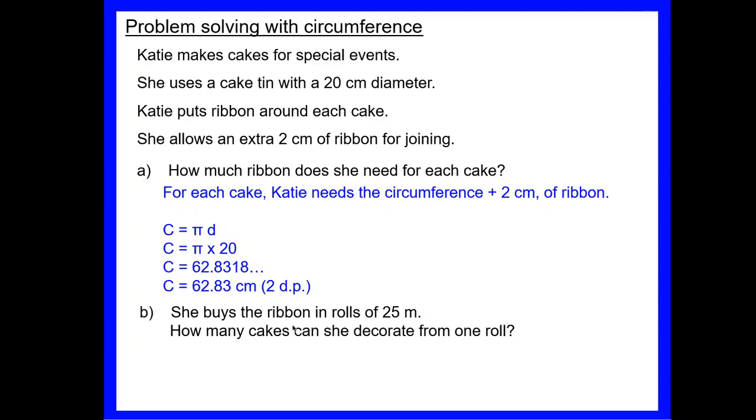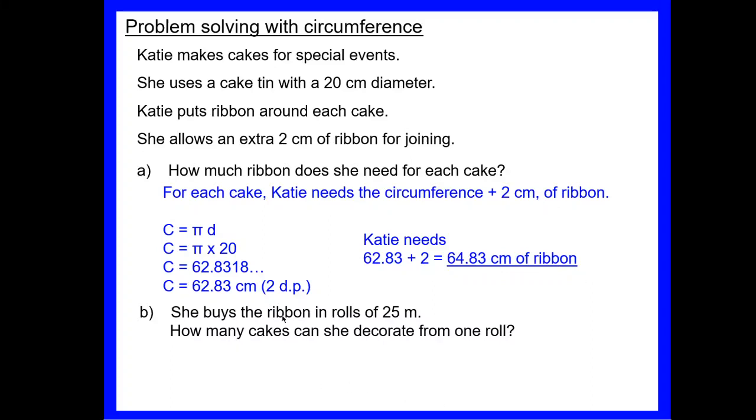It's up to you how much you round it. You might continue to use all 4 decimal places for the moment, or you might want to round it before then. Now that's just the circumference. We need the circumference plus 2 centimeters because of the overlap. If we add on 2, we get 64.83 centimeters of ribbon for each of the cakes.